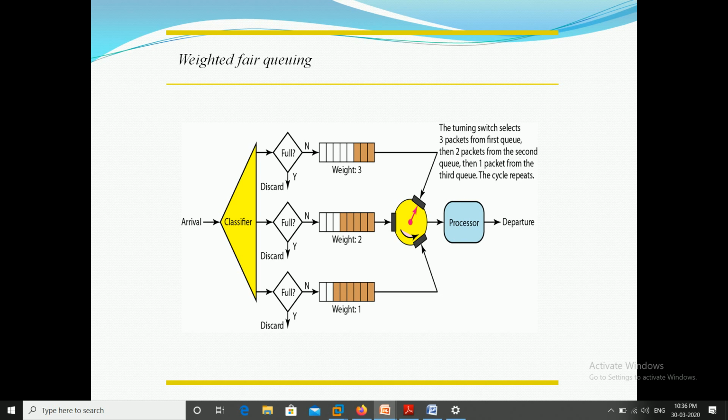Let's say they will depart 7 packets, or sorry, 6 packets. Out of 6 packets, 3 packets come from the first queue, 2 packets from the middle queue, and 1 packet from the lowest queue. This is how it works. That is weighted fair queuing.